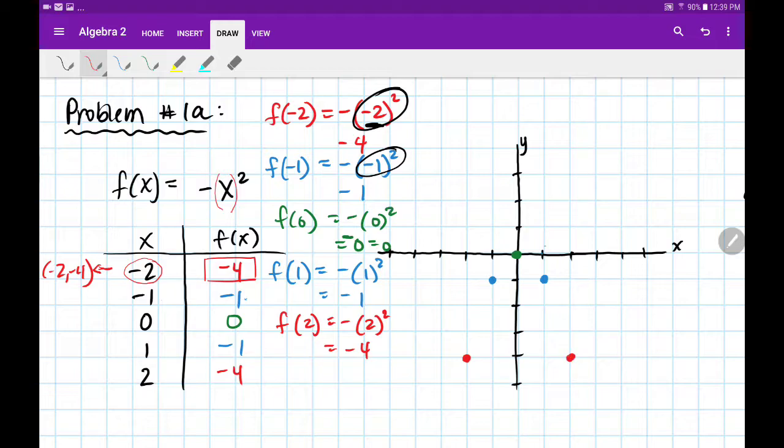Now, notice what's neat about this. We have a symmetrical graph. Once we plot these points together with a smooth curve, notice how each point lined up with one right across from it. And that's because there's always an axis of symmetry.